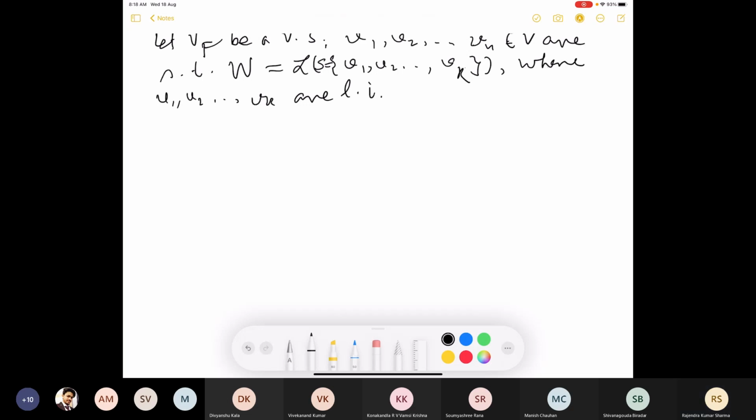we need to change the language in a manner that suppose W is the linear span, where V1, V2, Vk are linearly independent, then we can find out a subset.